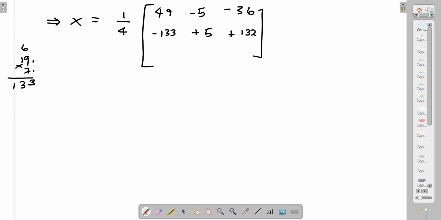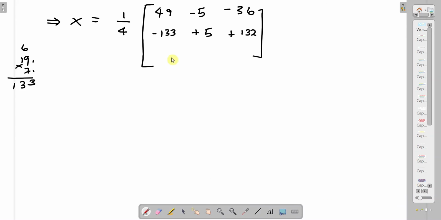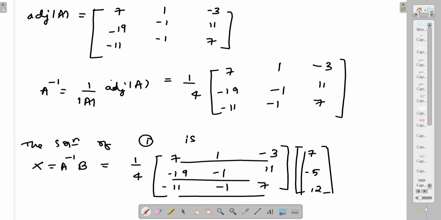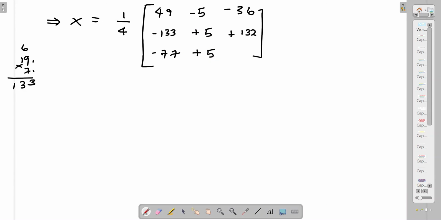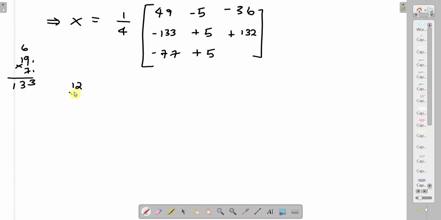And third row, this column, minus 11 times 7 is minus 77, then minus 1 times minus 5 is plus 5, and 7 times 12 is 84. Okay, so plus 84.